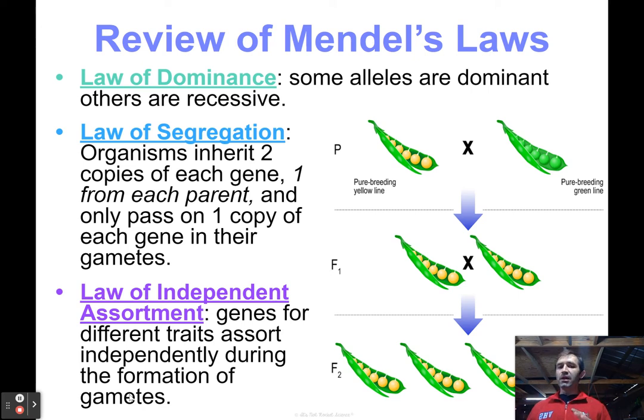You're not any more likely to get the dominant pea shape, like round, okay? It doesn't matter. There is independent assortment. They're independent of one another. So whatever gene you get for pea shape doesn't affect what gene you get for pea color. It's equally likely, okay?